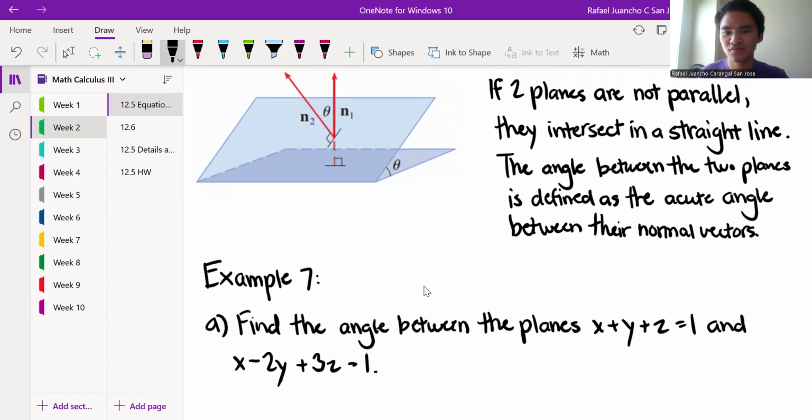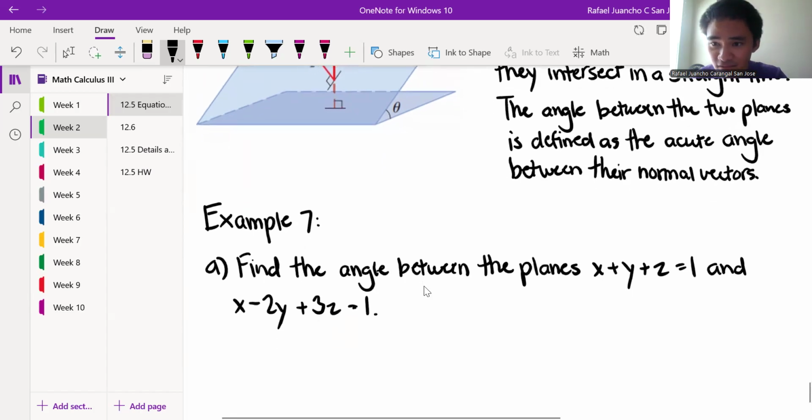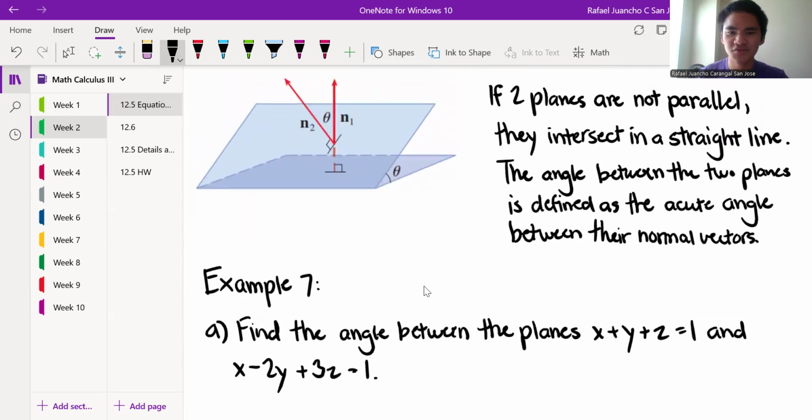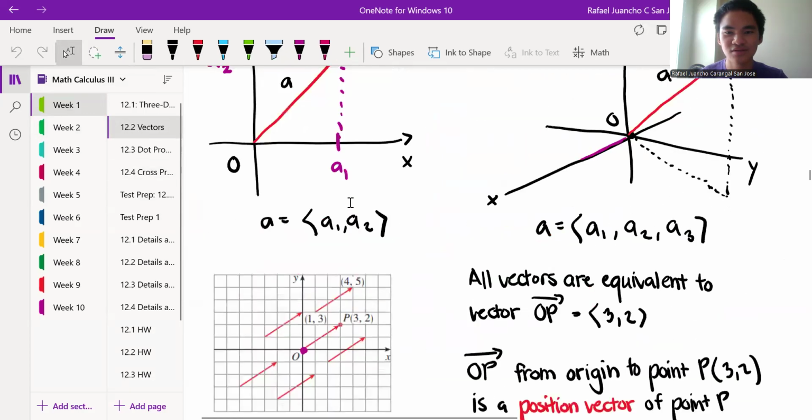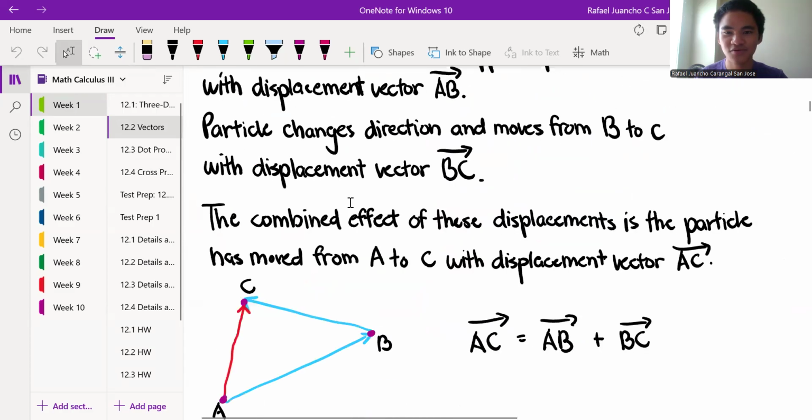Well, we can actually find their normal vectors first, right? I think that's what we can do. And then once we find their normal vectors, we can use that formula that, given two vectors that intersect, they form an angle. I remember learning about that somewhere, I think it was 12.2.